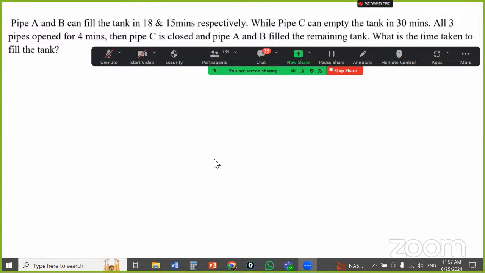No. The answer will be in some mixed fraction only. It is same as what we did in our previous question.